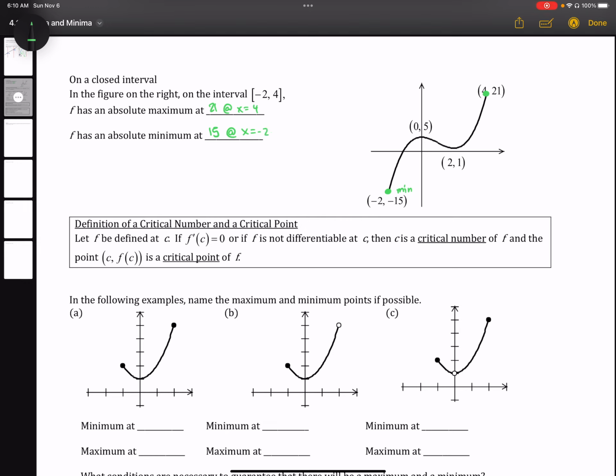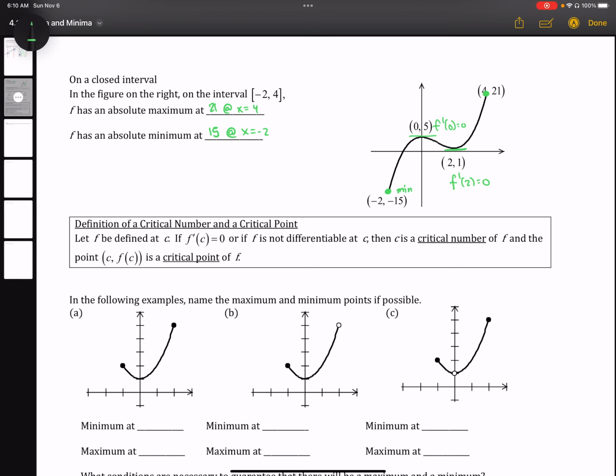Now, along the way, we can see that our derivative is 0 twice. Here we know that f prime of 2 equals 0. We also know that f prime of 0 equals 0. But neither one of the y values associated with those derivative zeros is higher or lower than the values at the endpoints.